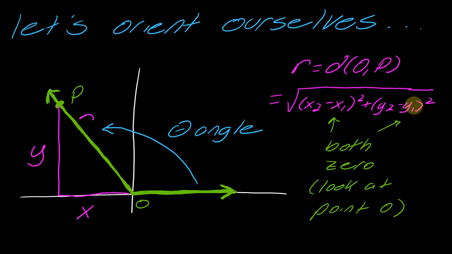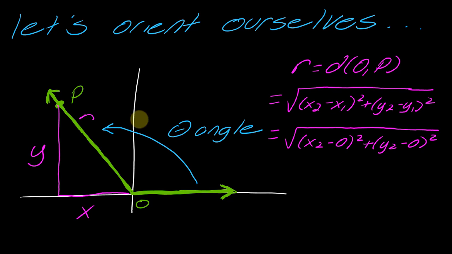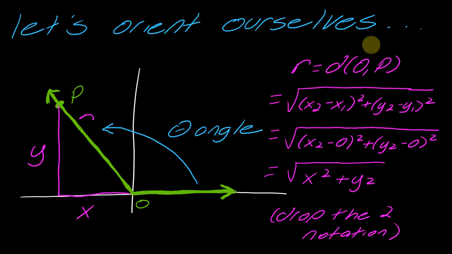So this x1 and this y1, I can just fill those in as zeros. So if I do that, check it out. I've just replaced a 0 here, and that actually simplifies this whole equation. So I'm just going to rewrite it now as the square root of x squared plus y squared. Let me make that y squared look a little more clear. Okay, so that's the first part. This gets us to our r.